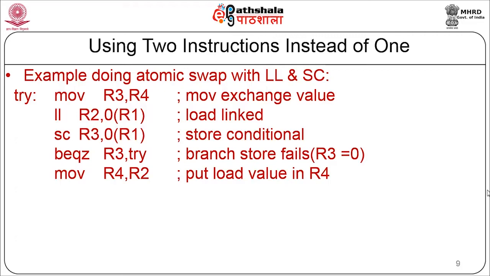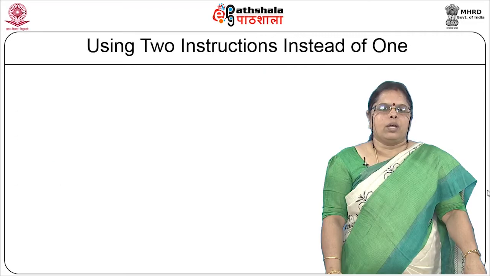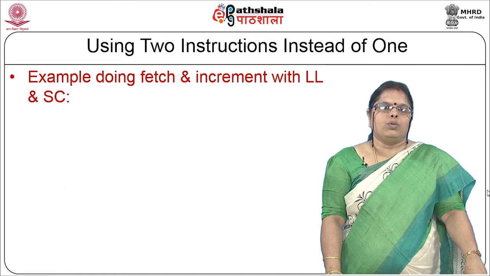Now, you are separating out these 2 instructions, and you can have other instructions coming in between, but make sure you do not have too many instructions in between, or you may not be able to succeed. And any instruction which comes in between and tries to do a store operation on the same memory location will give you a problem. So that is how we are trying to make it a little easier to implement.